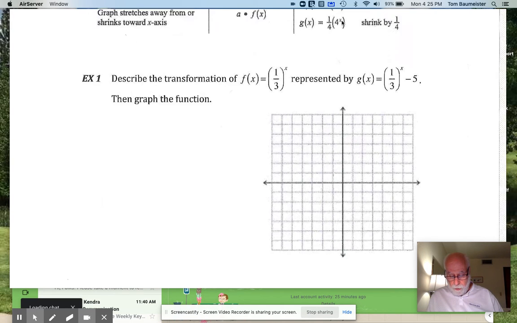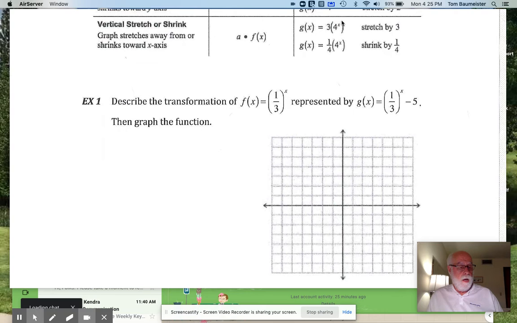So if we look here, I have 1/3 raised to the x power. I don't have an h width there, but I do have a plus k. So in this case, my k is -5. And that means what I'm going to do is I'm going to go down 5.